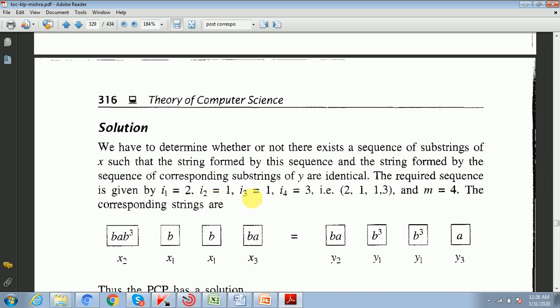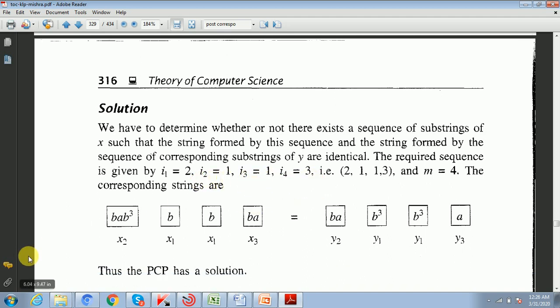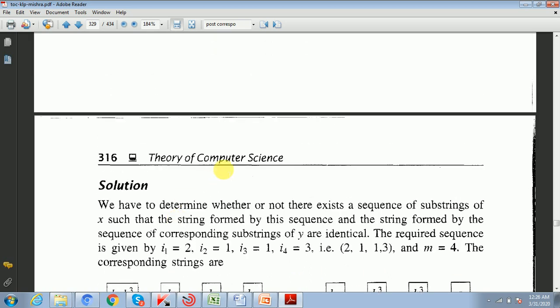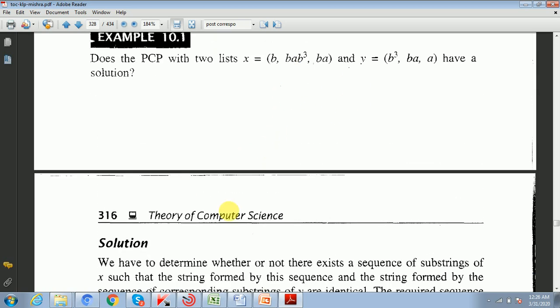Now, for one solution, I place x2, x1, x1, x3 on the LHS, and on the RHS the corresponding y2, y1, y1, y3. Now what is x2? x2 here is ba b cube.